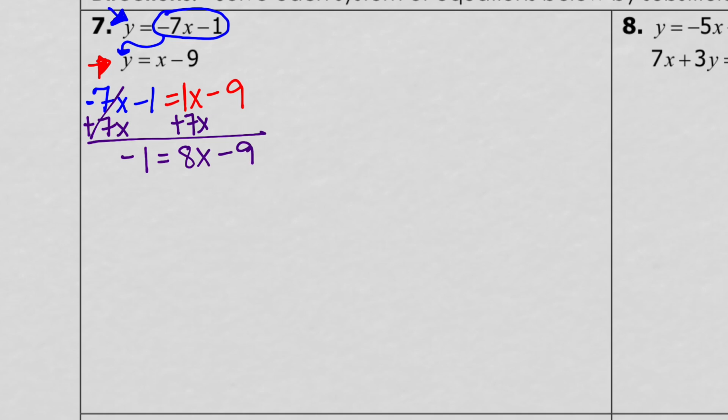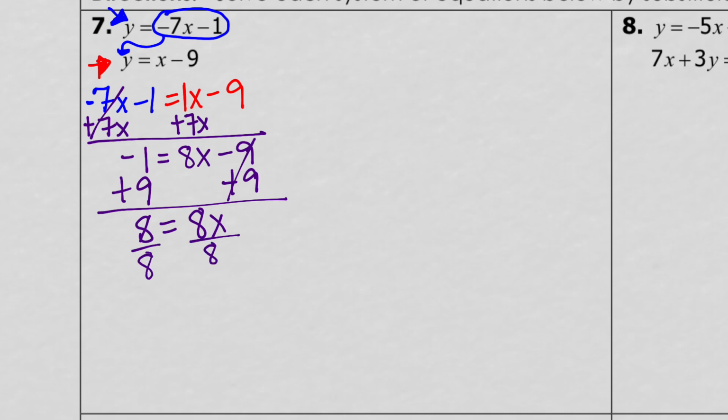Then I want to move my -9 to the other side, so I'm going to add 9 to both sides. So we will get -1 plus 9 is 8 equals 8x. Then we will divide by 8 on both sides to get the x by itself. So we will have x equals 1.